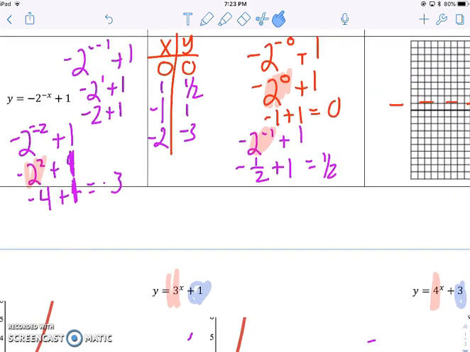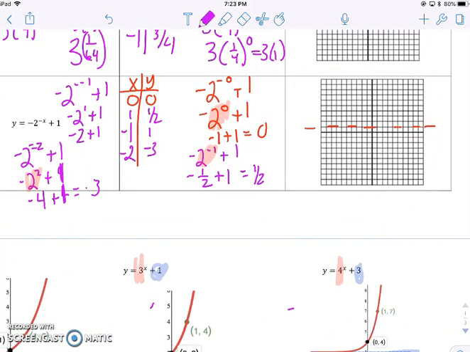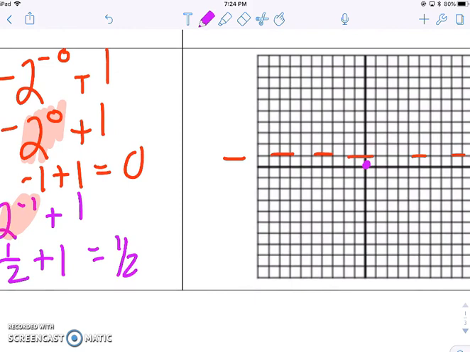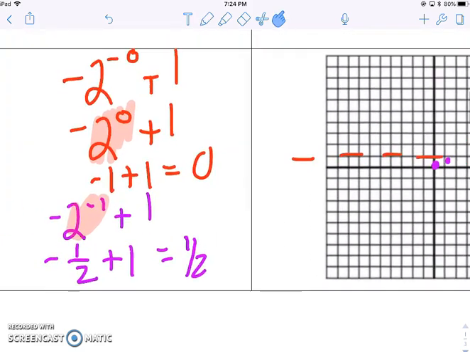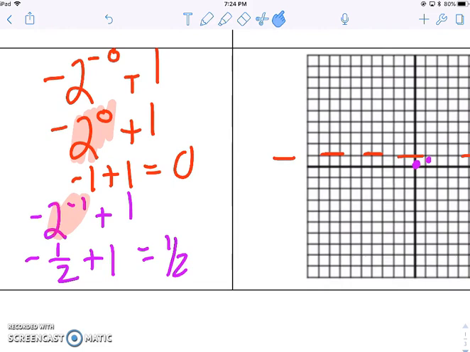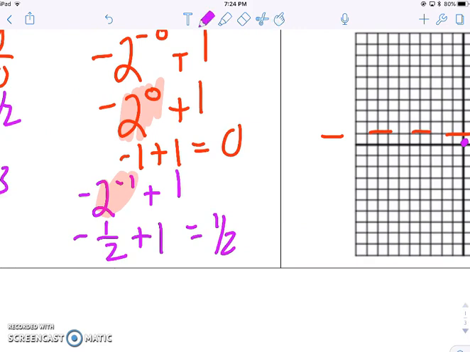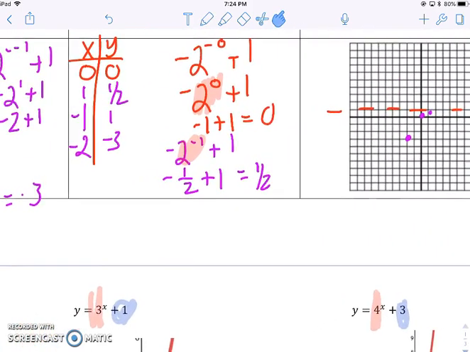All right, so let's see what we have here. So 0, 0. What else? 1, 1.5. Negative 1 and 1. Well, that can't be possible. That's an asymptote. Let's check that in a second. Negative 2, 1, 2, 3, and negative 3. We got to check that.